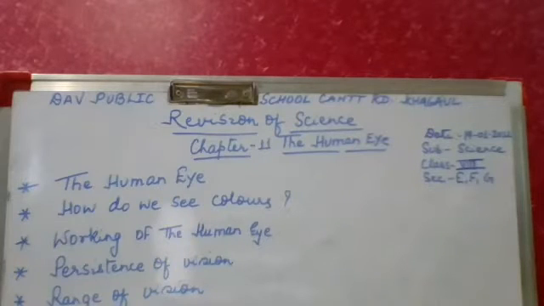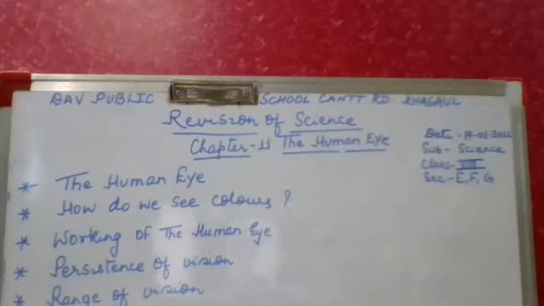Next structure is the pupil. Then what will you say about the pupil? It is an aperture present in the center of the iris, circular and self-adjustable.